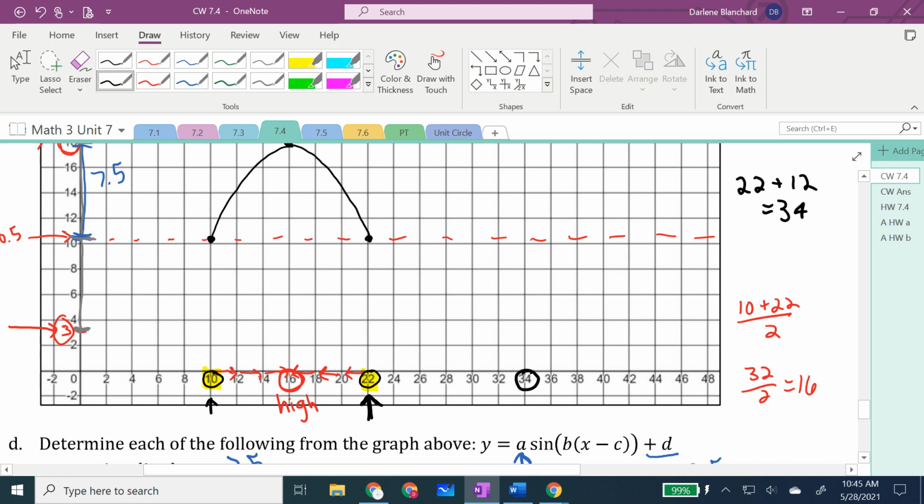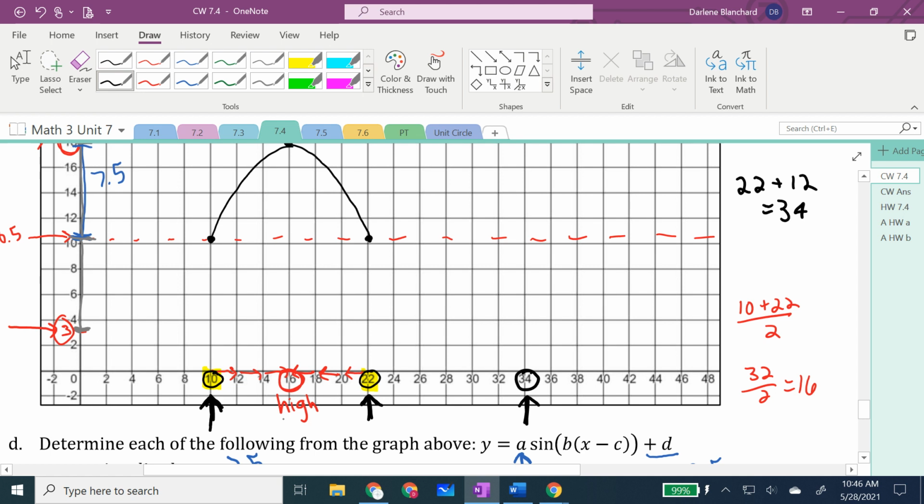And that's going to be when I finish a full cycle. But I really want to always look at the quarter marks of each full cycle. I have a beginning of a cycle at 10 and an end of the cycle at 34.